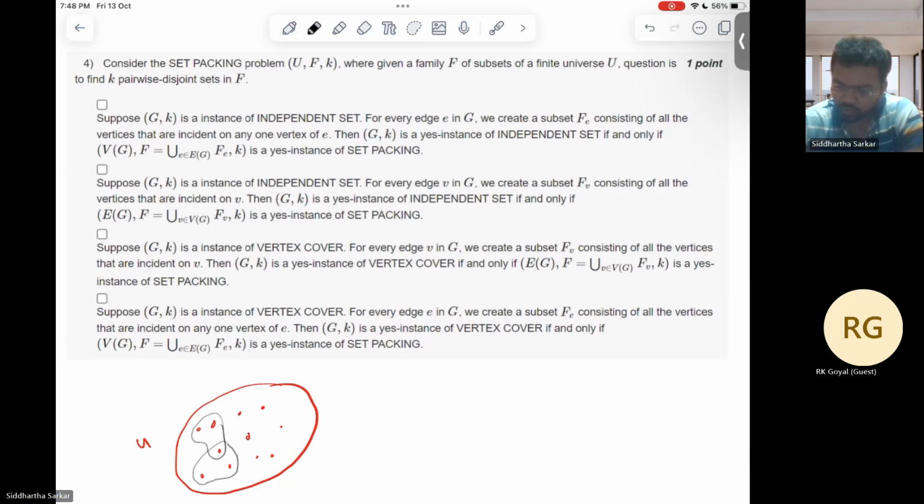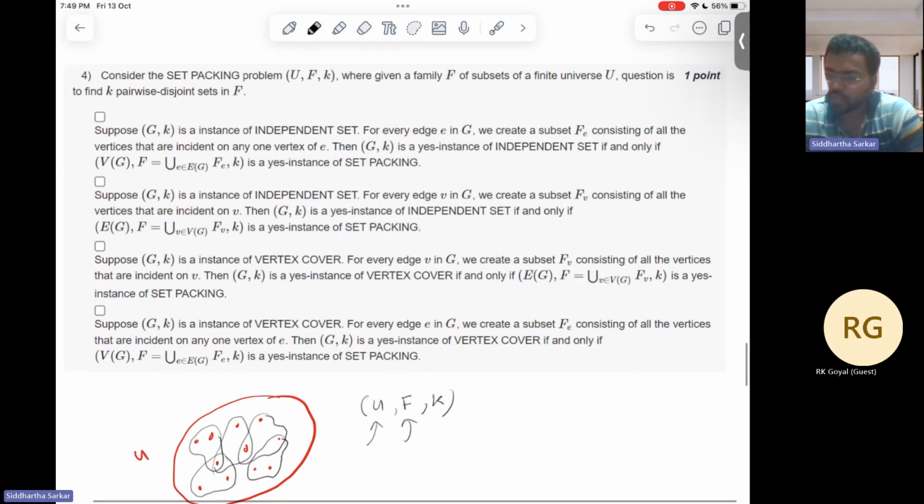So we take some subsets of the universe, and these constitute a family. So here also consider this set system (U, F), where U is the universe and F is the family of sets from the ground set U, and additionally a parameter k.